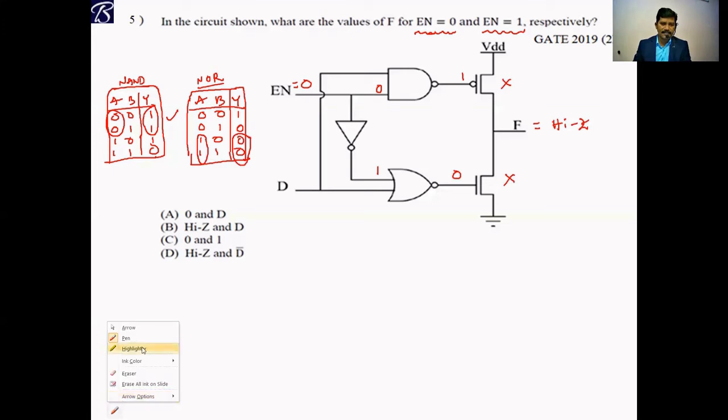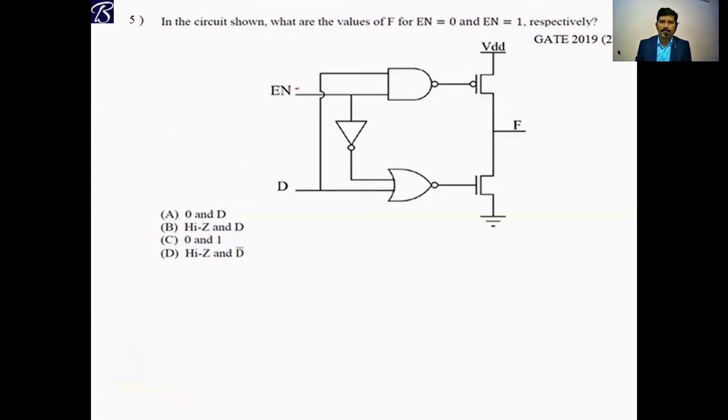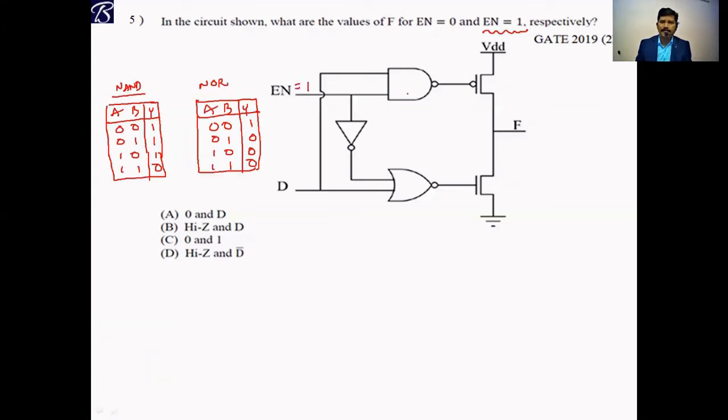Let us check the second case. Whenever En equal 1, so this is 1. Whenever one of the inputs is 1 in the NAND gate, it acts as an inverter, because whenever the other input is 0, the output is 1, and whenever it is 1, the output is 0. That means suppose D equal to 0, this is 0, and this will be 1, this is switched off.